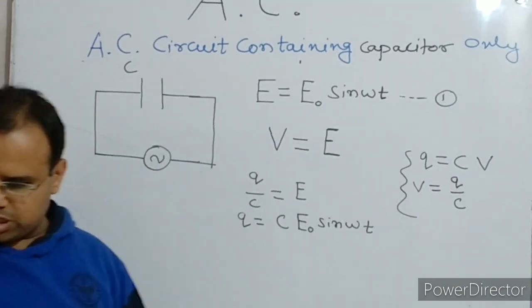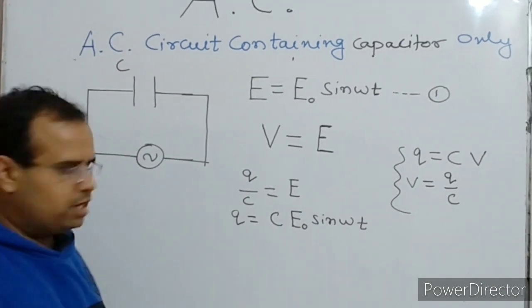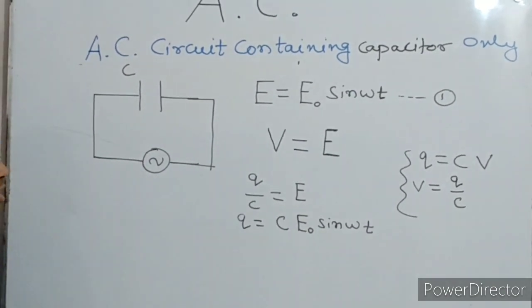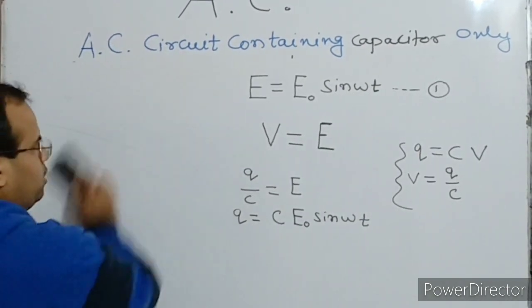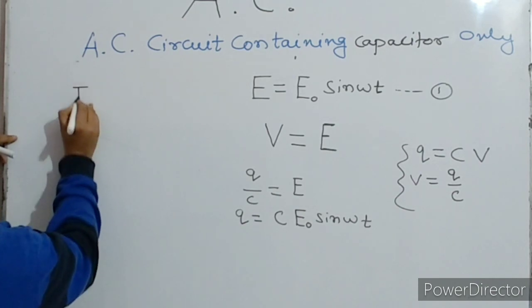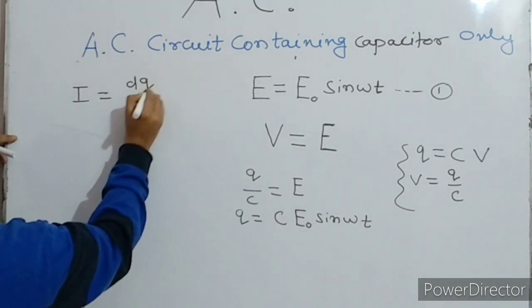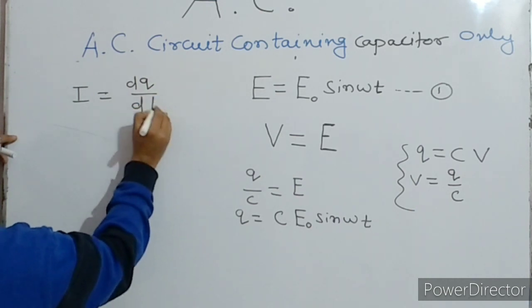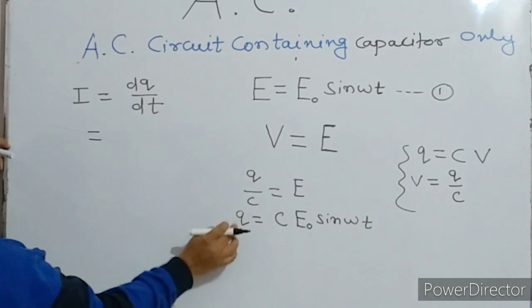If we have the expression for charge, we can find the current. Current is equal to the rate of flow of charge, so we can write it as dq by dt.